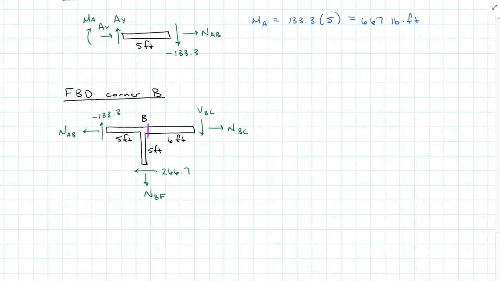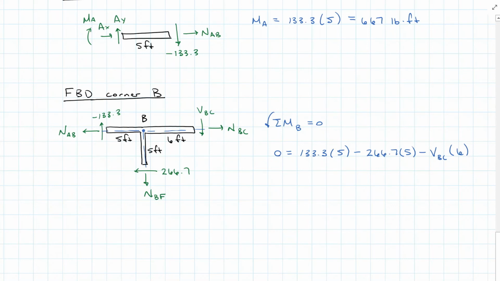because I'm looking for this reaction moment right there at B. And I find that if I sum moments about B, my normal forces are all going to pass through here, which means they have zero distance from my moment equation. Remember that all of these zero moment locations are at half the span.